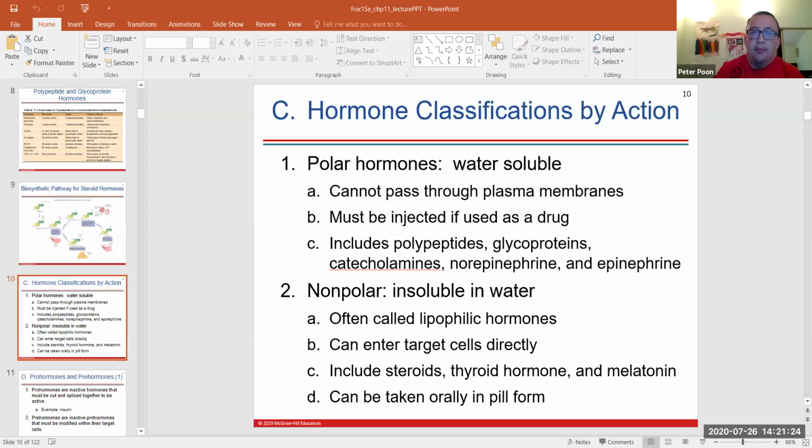If they're polar, they're water soluble. If they're non-polar, they're fat soluble. And this is important because of how they work, basically. Remember, your cell is a phospholipid bilayer, so things that are water soluble generally can't cross the bilayer. Things that are fat soluble can.